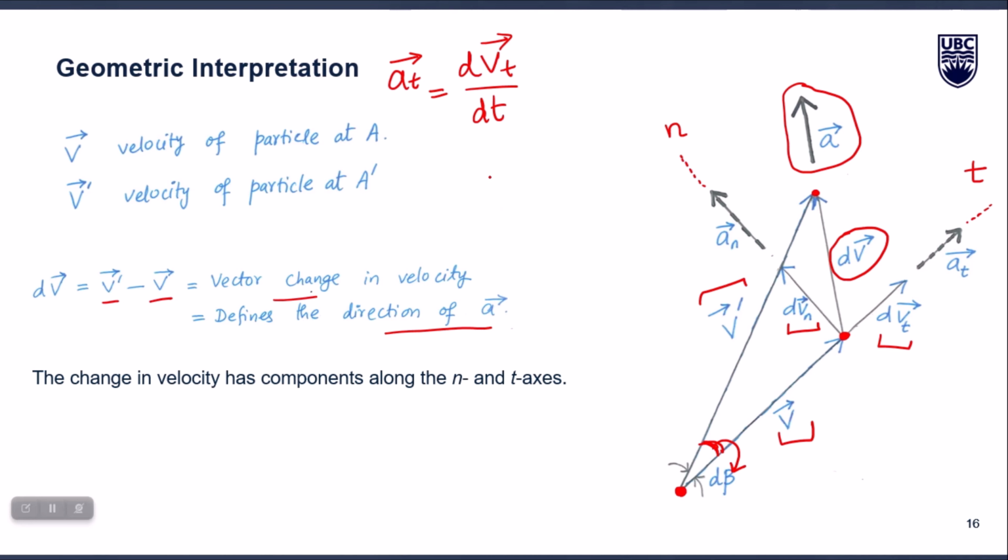Similarly, if we can determine dv sub n divided by dt, this quantity will become the a sub n vector, right? So let's try to determine the magnitude of dv sub t, the direction of dv sub t, and similarly the magnitude of dv sub n and the direction of dv sub n, right?